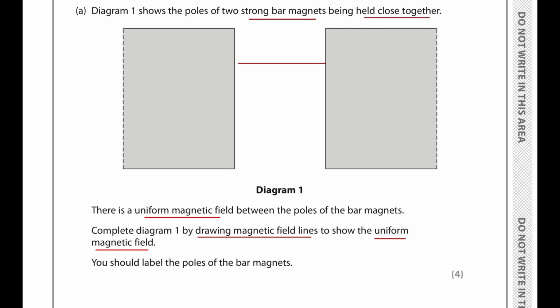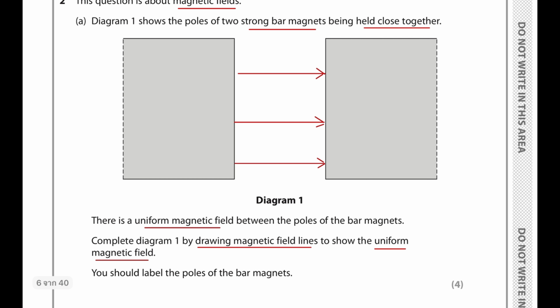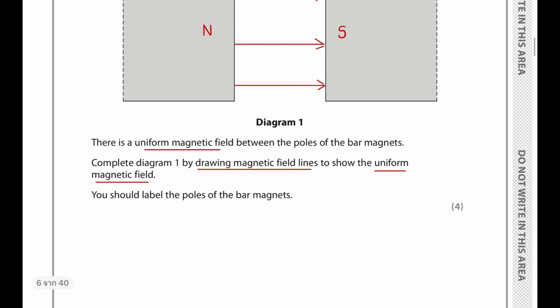So it will be like this, okay. So I should label the poles of the bar magnet, right? So this one is north and this one is south pole.